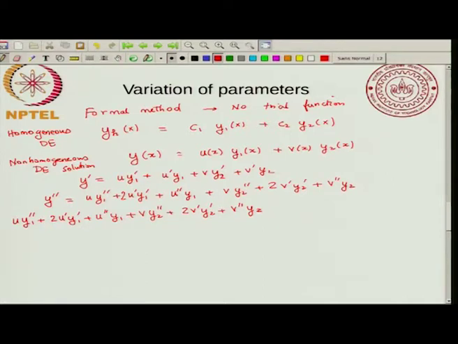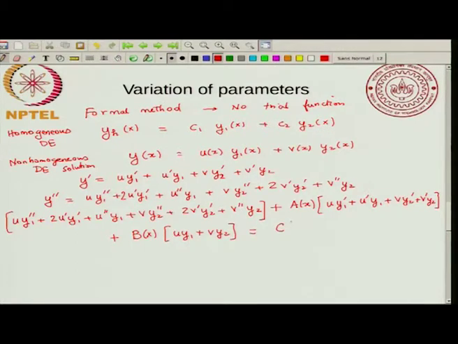Then plus a of x times y prime, which is u y1 prime plus u prime y1 plus v y2 prime plus v prime y2, and then plus b of x times y, where y is u y1 plus v y2, equal to c of x.